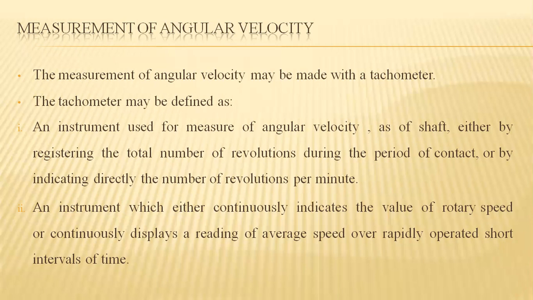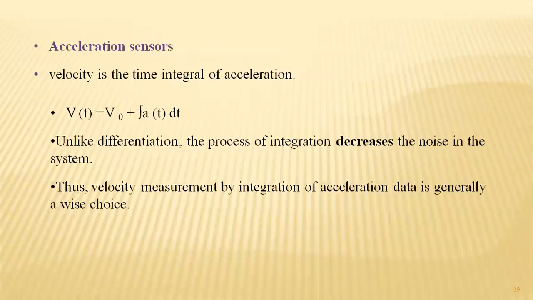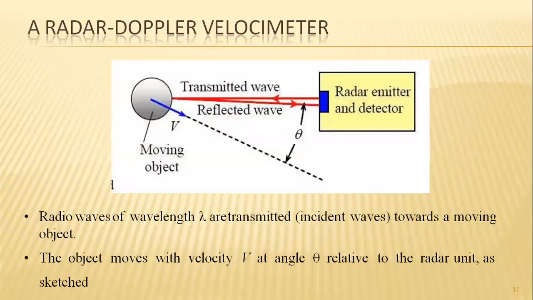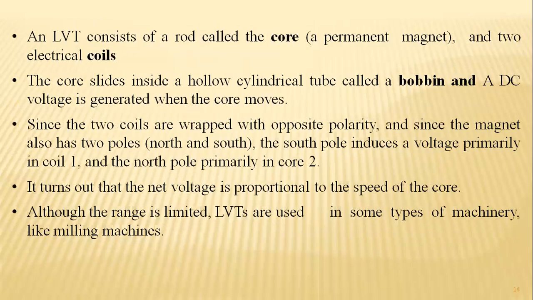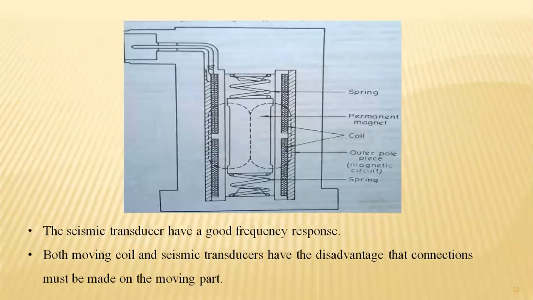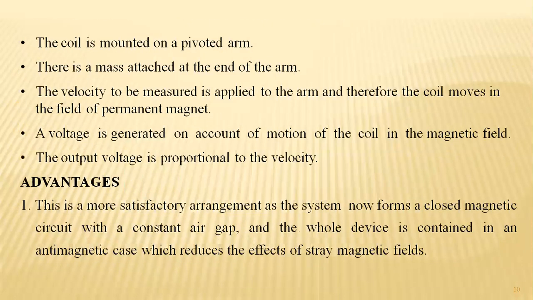Coming to the angular velocity measurement, so far we have discussed 6 different points in the case of the linear format of measuring velocity. We will recall them once again.